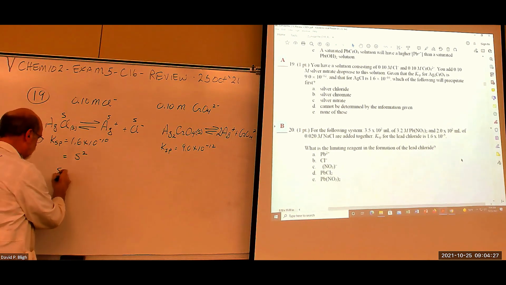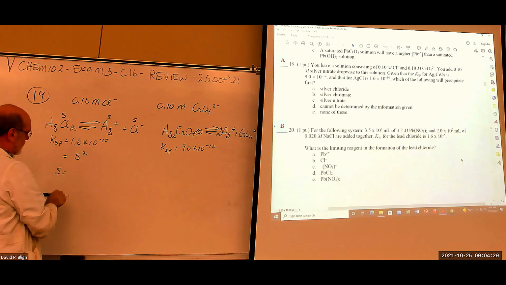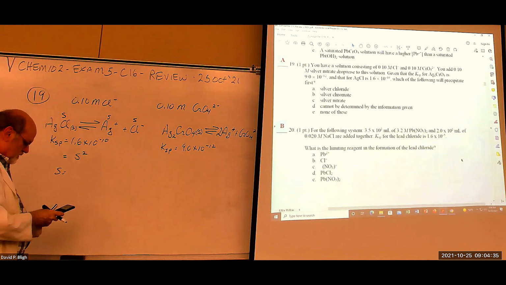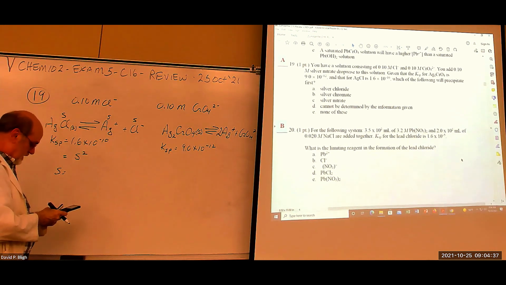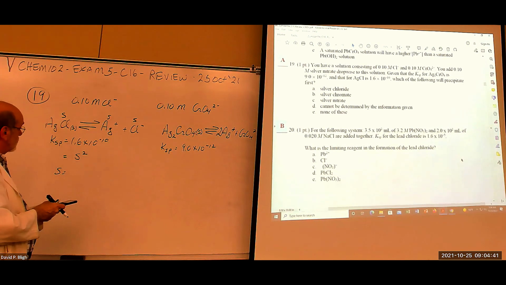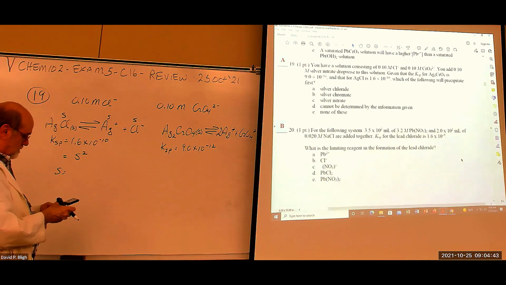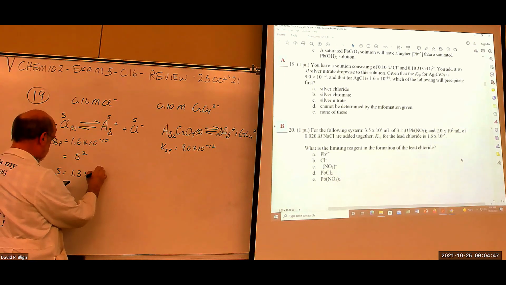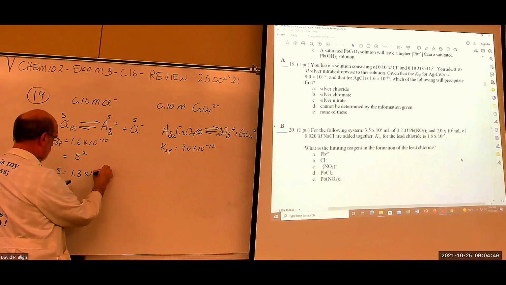That means S is the square root of that value. So at 1.6 times 10 to the minus 10, we take the square root of that: 1.3 times 10 to the minus 5.